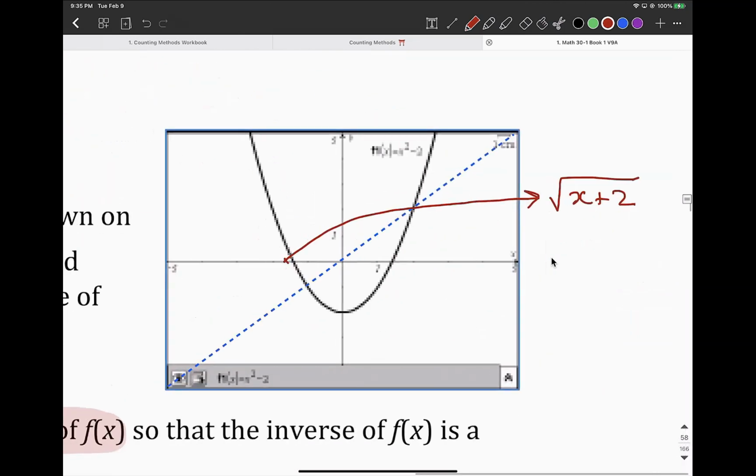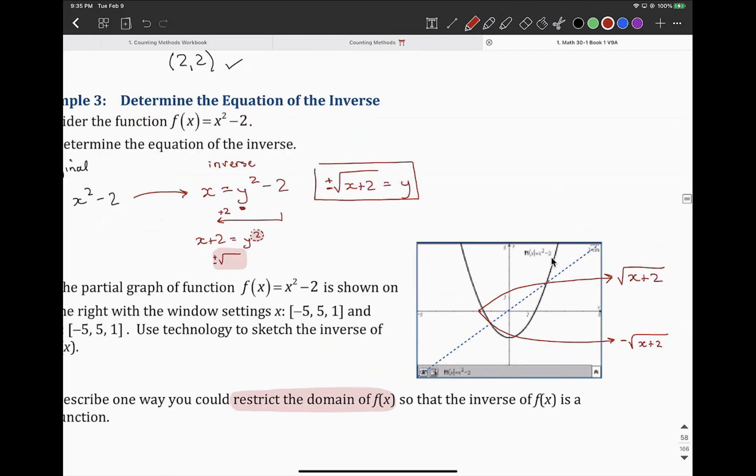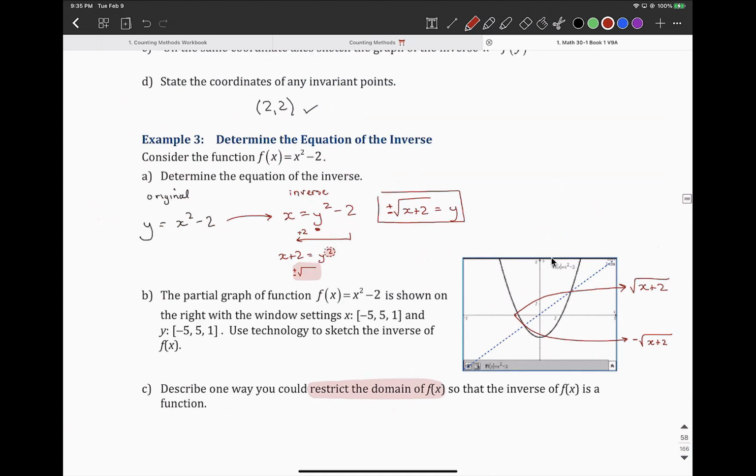Because not only does it produce that top half, but it also produces this bottom half, which is the negative of the root x plus 2, and that's the full reflection. But we have a problem: this is not a function anymore. Look, it fails the test. A vertical line is touching too many times.